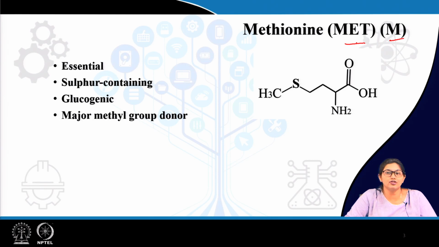So, again methionine is not synthesized in our body. It is a sulfur containing amino acid and also a glucogenic amino acid. Glucogenic amino acids somehow contribute to form intermediates which finally give rise to glucose on requirement.